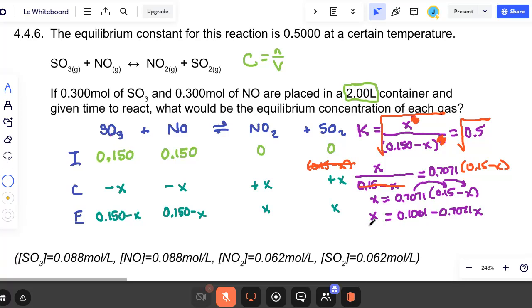We want all our X's on one side, so add 0.7071X to each side, and you get 1.7071X, because you had 1X plus this number. 1 plus 0.7 makes 1.7. And that equals 0.1061.